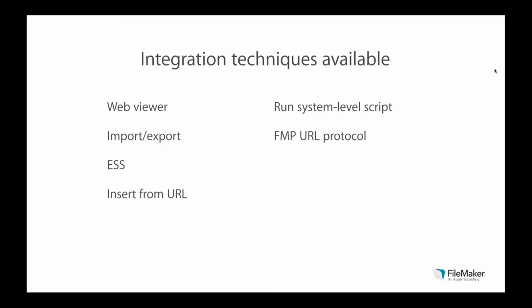FileMaker also supports a URL protocol unique to it, the FMP URL protocol, which allows you to trigger specific FileMaker actions from, say, a web browser or anywhere you can call a URL. There are also built-in APIs that make it easy to talk directly to FileMaker from other apps: built-in REST, PHP, and even XML APIs.